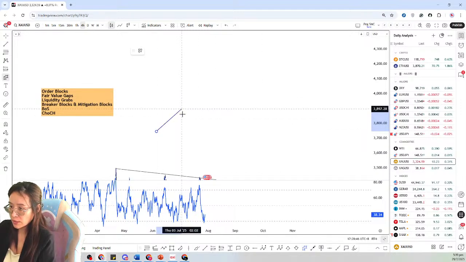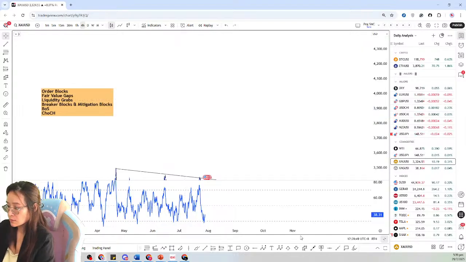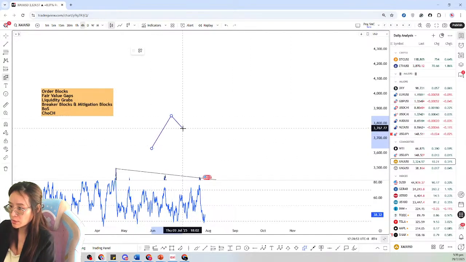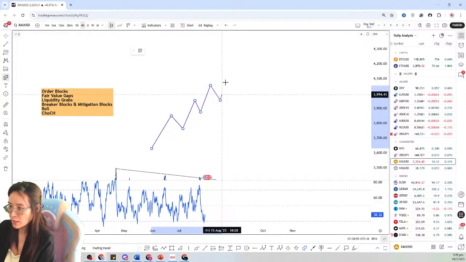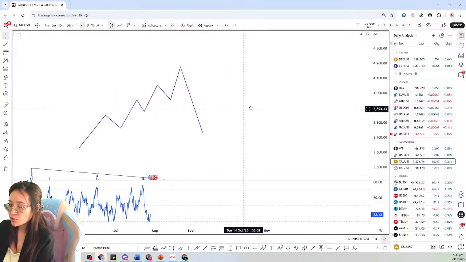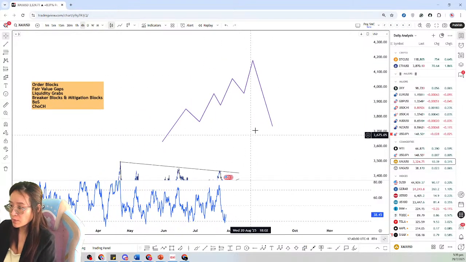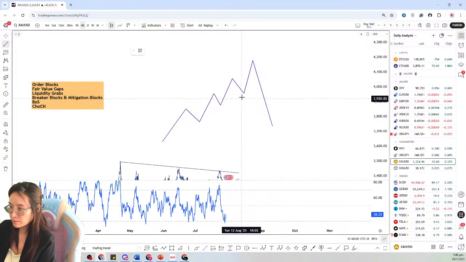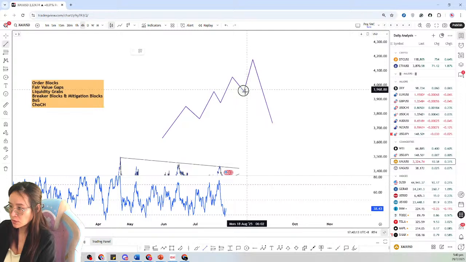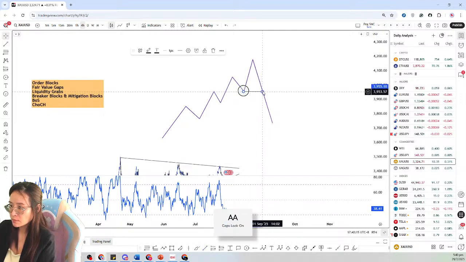I will do a recap. If price is in an uptrend or bullish, it will make a high and a low. Now there will be a change of character whenever price breaks below this previous low right here, and you can mark this out as your change of character.